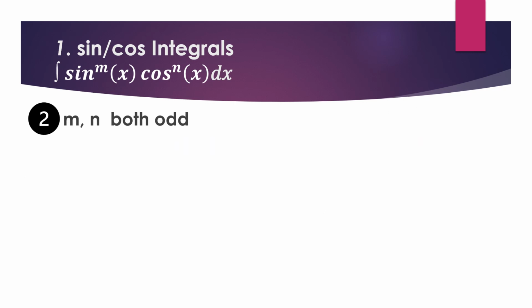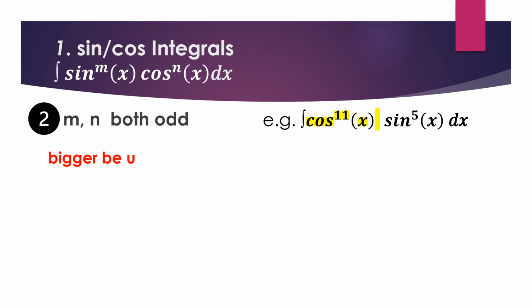Let's see the second condition, which is both m and n are odd numbers. In this condition, we will let the bigger one be u. For example, integral cosine to the 11th x sine to the 5th x dx.